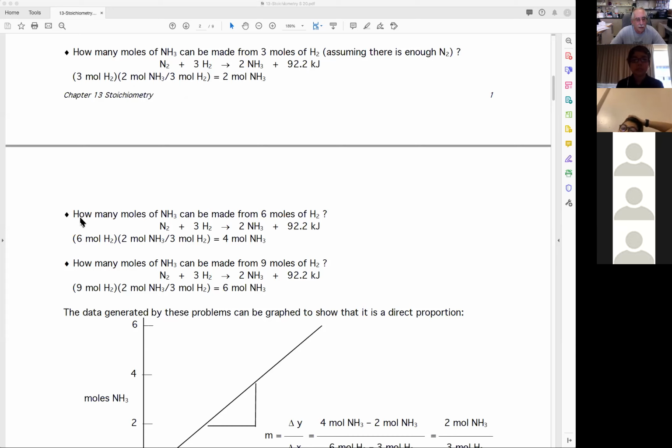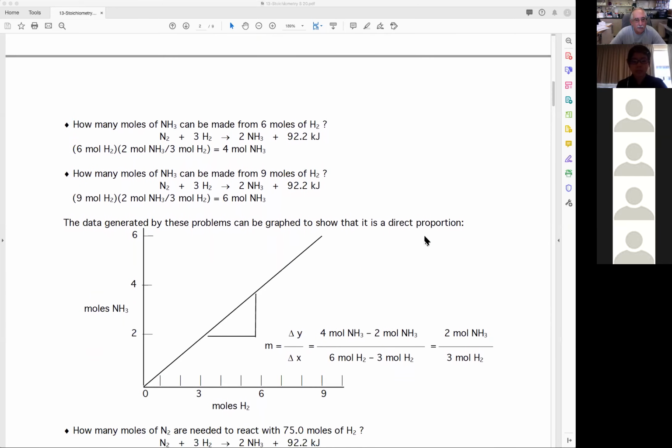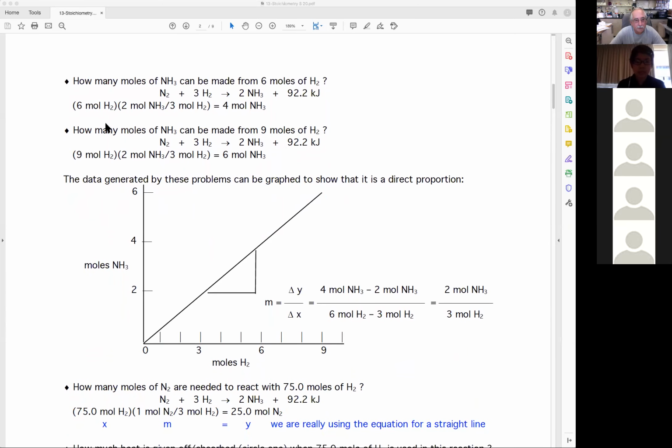So then another one is how many moles of ammonia can be made from 6 moles of hydrogen. So I'm starting with 6 moles of hydrogen. That's not important. Notice that this is the same conversion factor. And then I did it for 9 moles of hydrogen using the same conversion factor. What I'm really doing here is generating data.